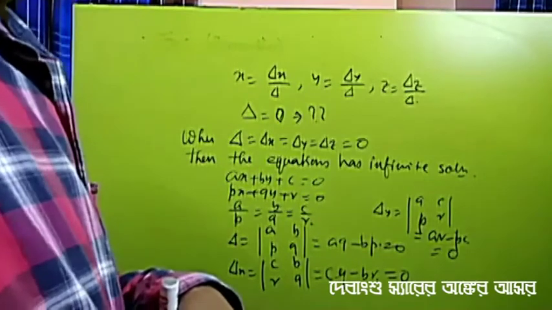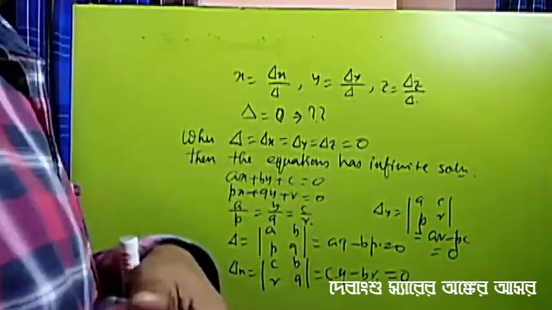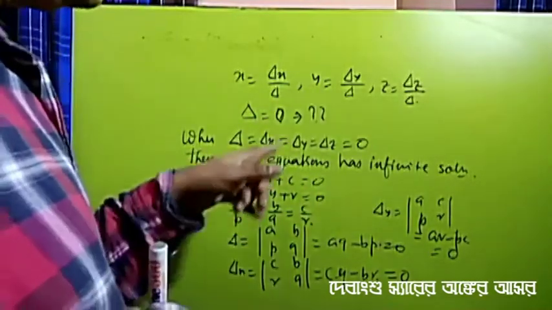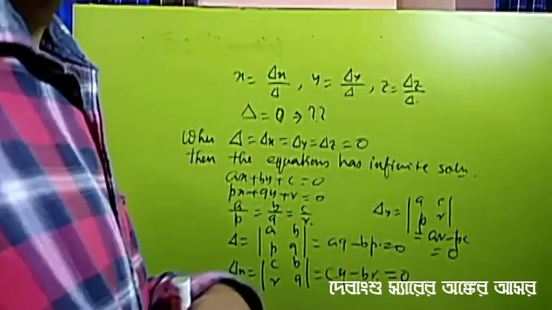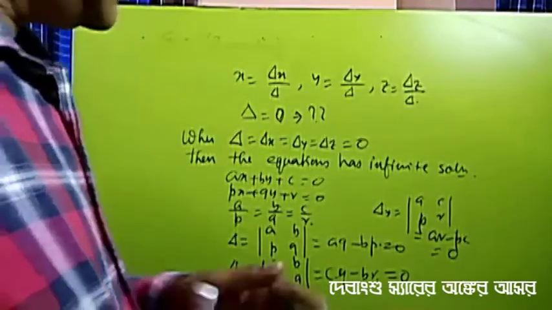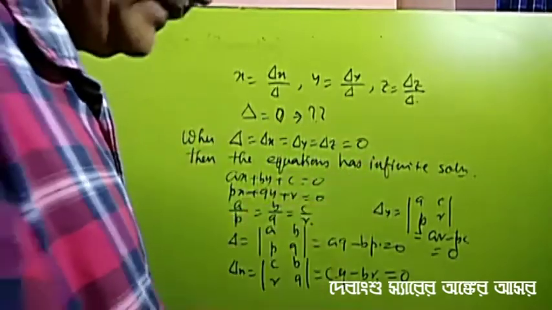But if delta is 0 and at least one of delta x, delta y, and delta z is non-zero, then it has no solution. So this equation has infinite solutions.